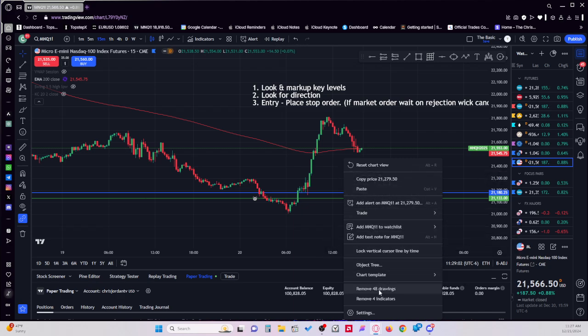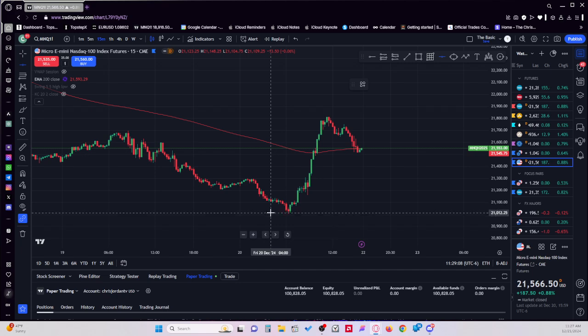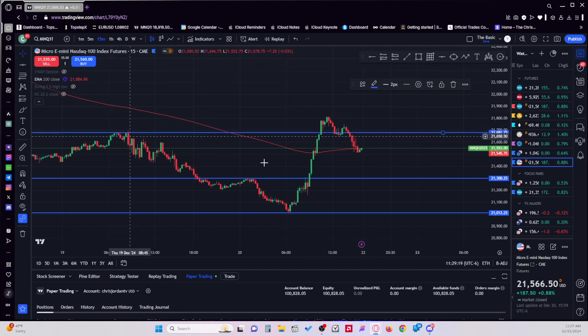Okay, remove the drawings, right? So obviously, I would mark this as the low. This is like the high at that point in that day, right? And I would probably mark this up as well, right? So those are my three key areas. You can use lines or boxes, whatever you want to do.